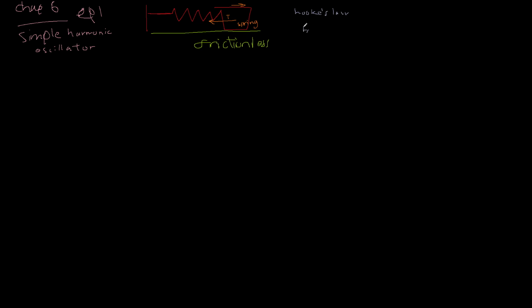So F of our spring is equal to negative kx, where x is our displacement. What's going to happen is it's going to come back forwards, it's going to cycle back and forth, back and forth, right?